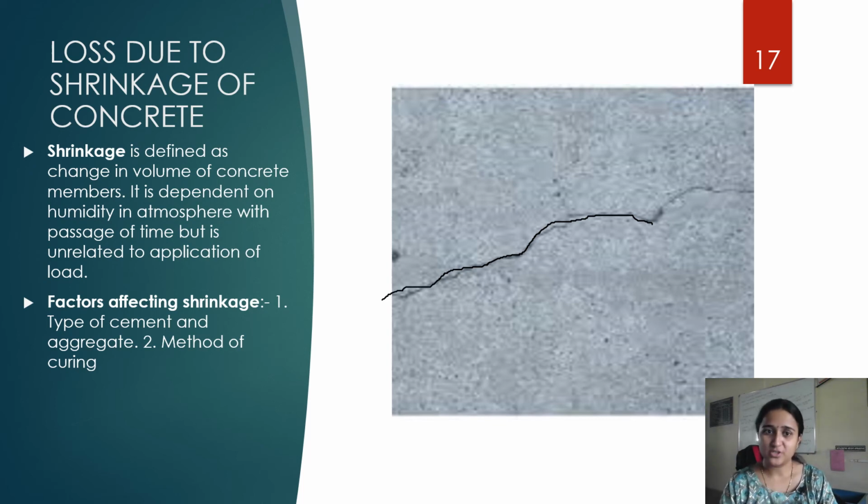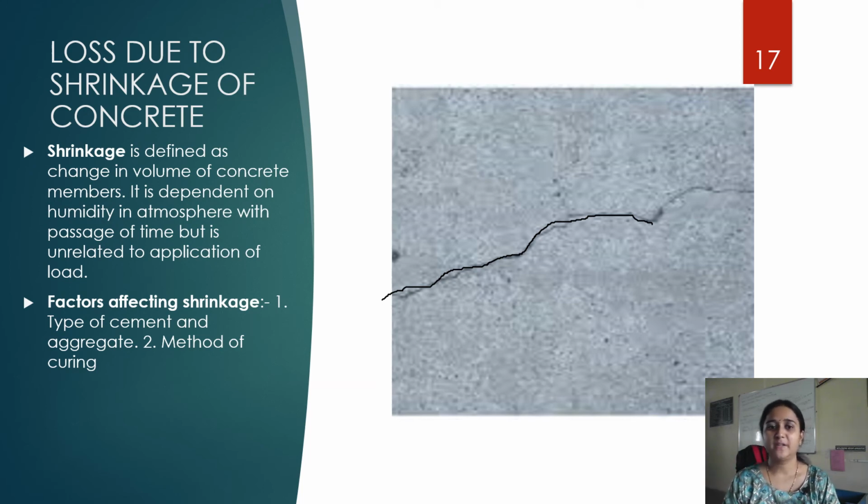Shrinkage is defined as the change in volume of a concrete member. It is dependent upon humidity in the atmosphere with the passage of time, but it is unrelated to the application of load. So there is no relation to load as in the case of creep. It is totally the environment: the humidity and temperature are responsible for the shrinkage loss.